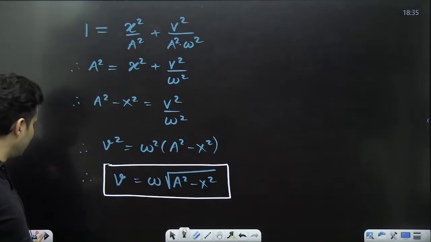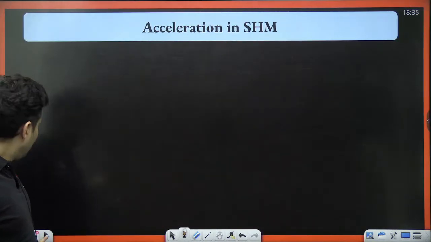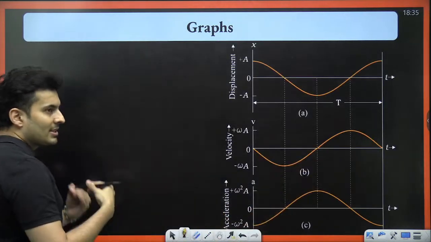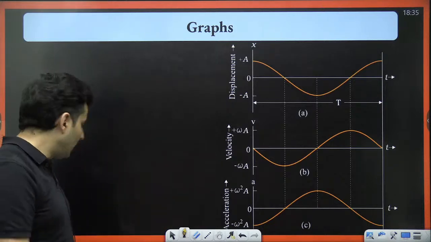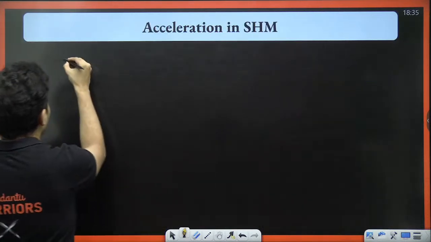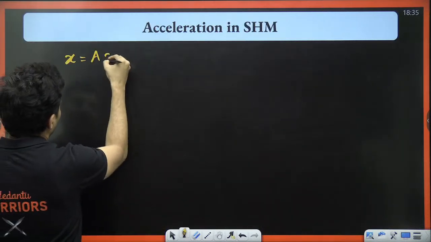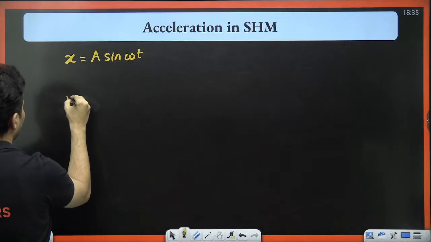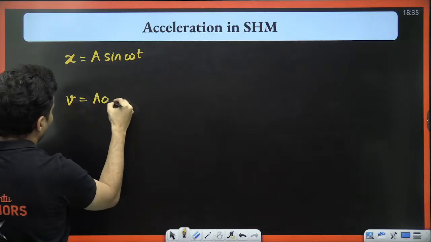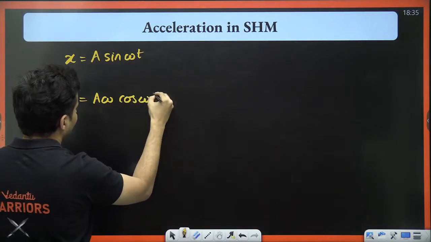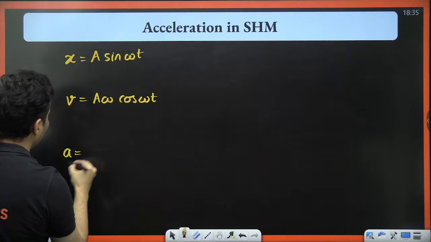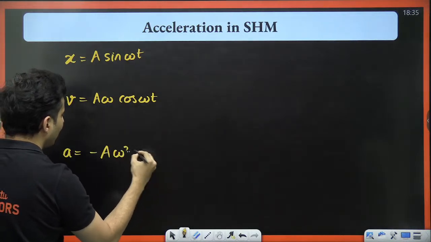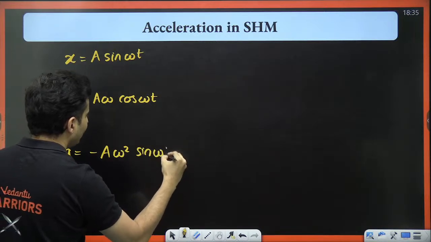Interesting thing to note is that if your x value starts with sine, then velocity goes to cos. If x is a sine omega t, forgetting phi, then velocity becomes a omega cos omega t, and then acceleration becomes minus a omega square sine omega t, back to sine.